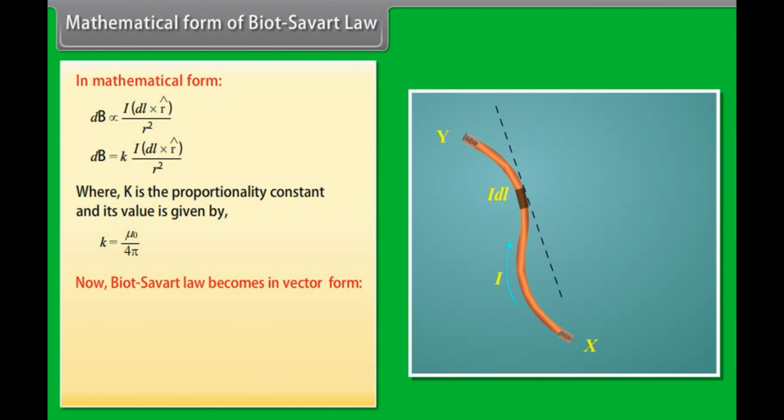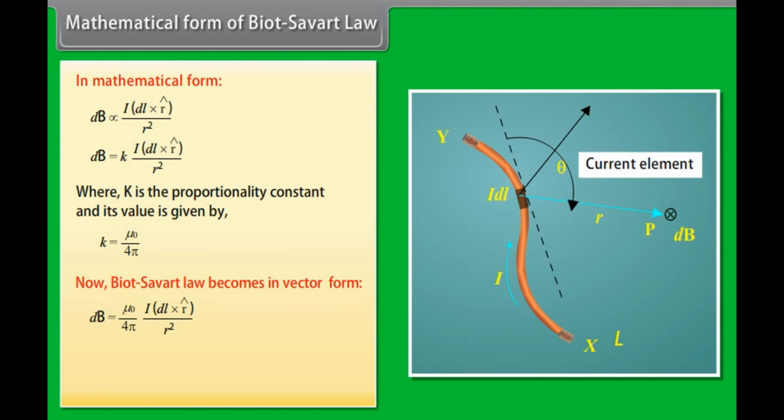Now the Biot-Savart law in vector form is given by dB is equal to mu naught upon 4 pi multiplied by I and cross product of dl and r cap divided by r square. And in magnitude form, dB is equal to mu naught upon 4 pi multiplied by I dl sine theta divided by r square. Magnetic field on the axis of a circular current loop.